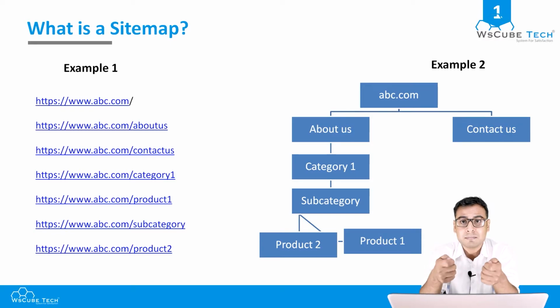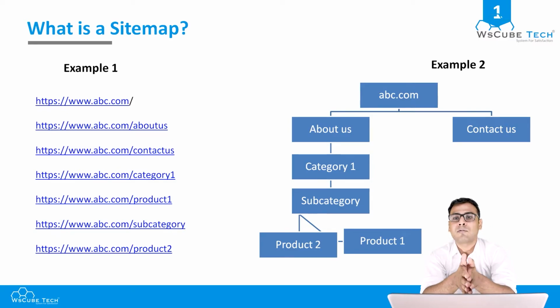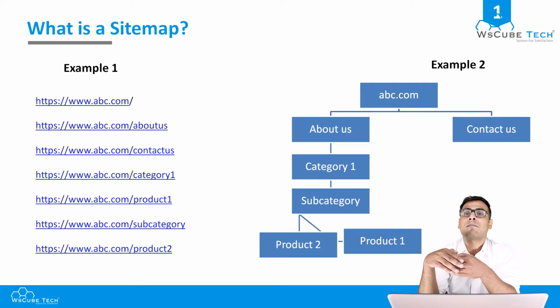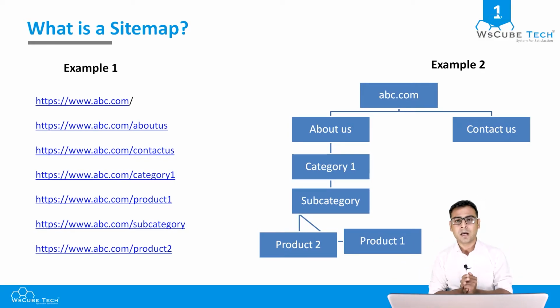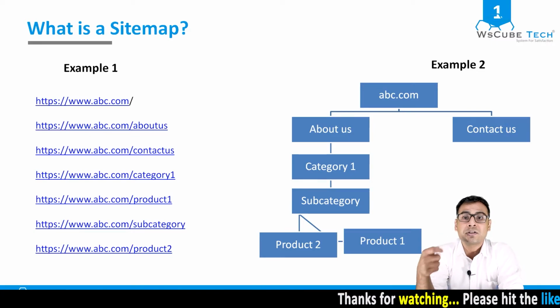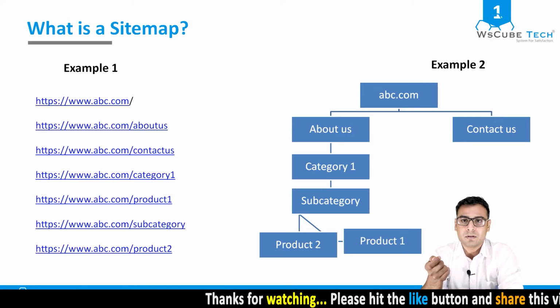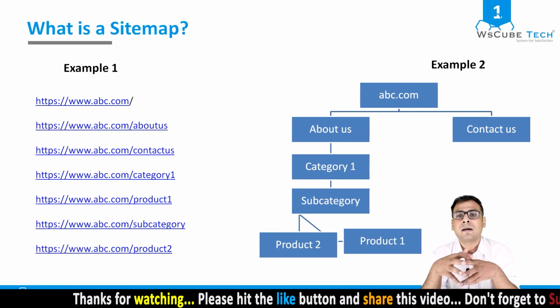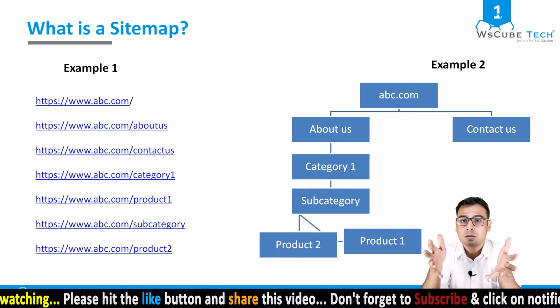Once it finds the sitemap file, the crawler is very clear about which pages to crawl first, which pages to crawl next, and how it is going to crawl the pages of your website. So a sitemap is a file that helps the crawler understand your website in a much better way. This is the basic definition, through which we can understand how crawlers work.